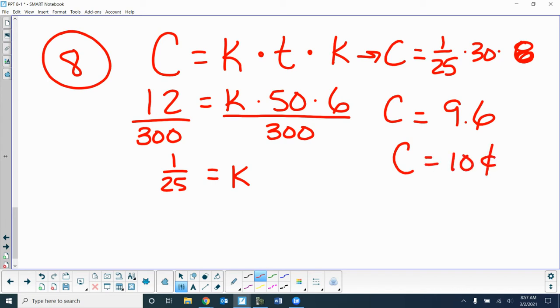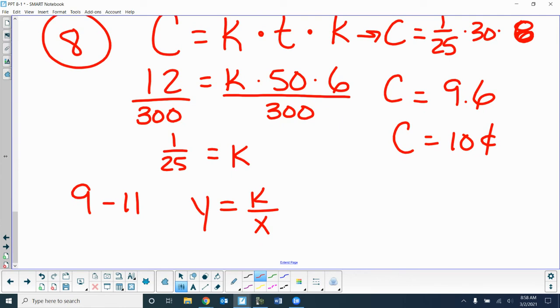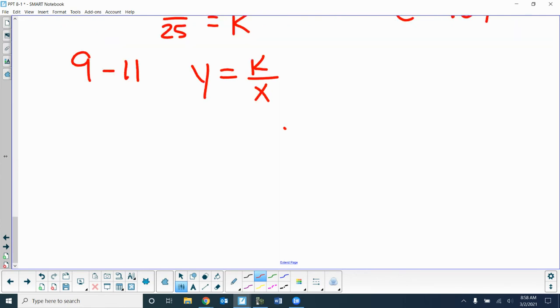All right, we good with direct and joint? What's the other one? Inverse, right? So numbers 9, 10, and 11 say y varies inversely as x, all right? That means k divided by x when it's inverse, okay? So number 9 says y is 2 and x is 7.